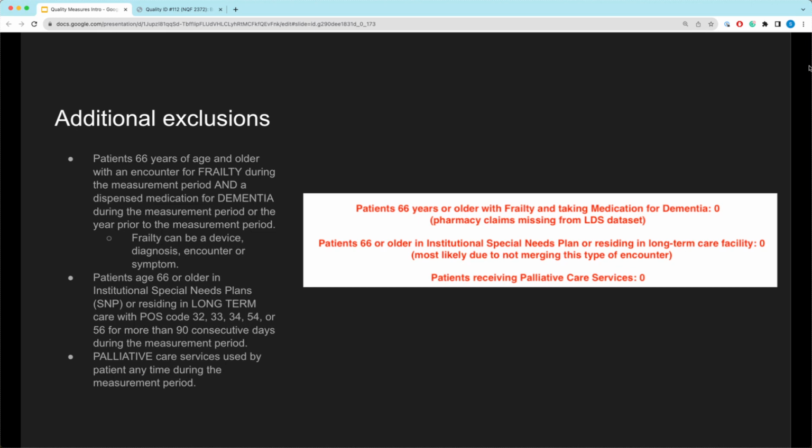So for the LDS data set, we don't have pharmacy claims data, so that may be why we don't have any medications for dementia. We don't know who is in a special needs plan, or this could also be related to, we need to create an encounter type for just residing in long-term care. So long-term care more than 90 consecutive days, this may be made up of many claims.